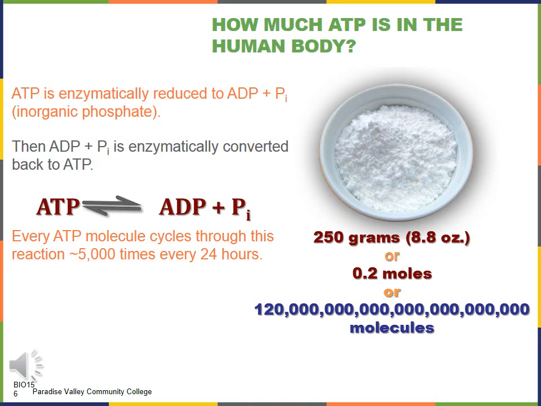And so there's a big long number there. I'm not even going to try to say. That's 120 with all those zeros of molecules created in the human body. So clearly that's a huge amount. And notice that the arrow goes both ways. ATP to the right, ADP to the left.